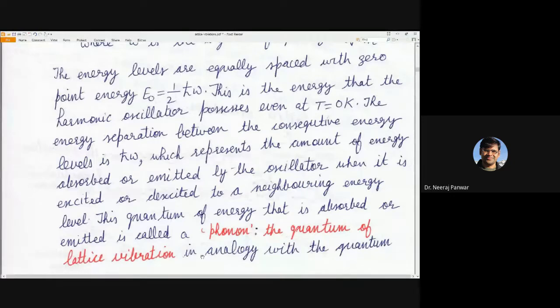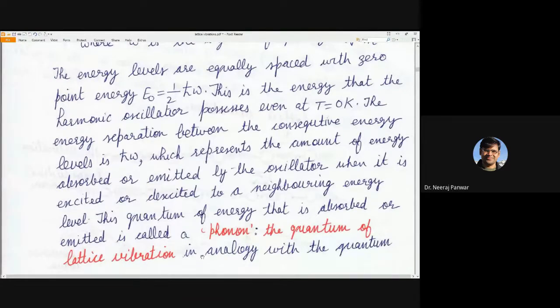By quantum of lattice vibrations, we mean the lattice can absorb or emit energy in the form of phonons, n h cross omega. So the energy of lattice vibration is also quantized, and the lattice can absorb or emit energy only in terms of n h cross omega.